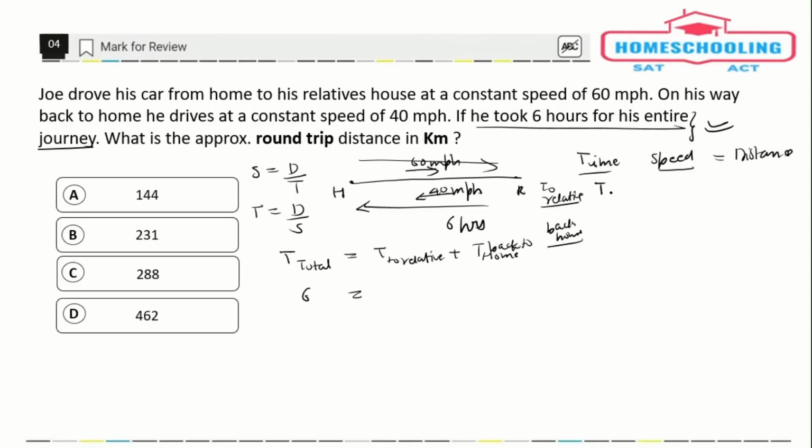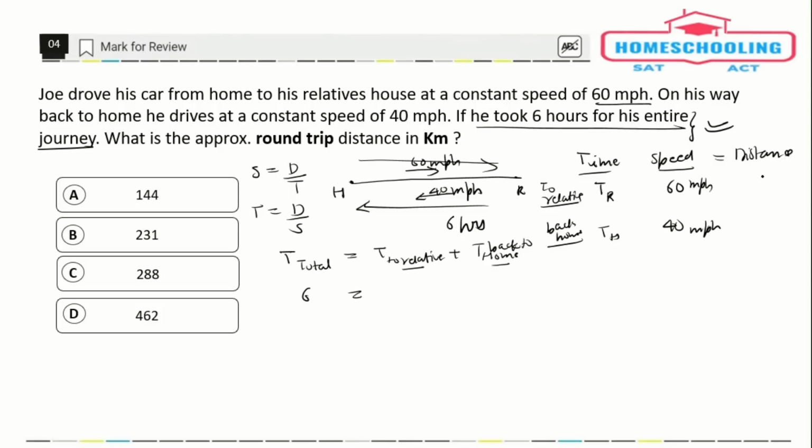Let's keep this as T relative and T home. The speed when we are going to the relative's house is 60 miles per hour. When we are coming back home, it is 40 miles per hour. We don't know the distance.